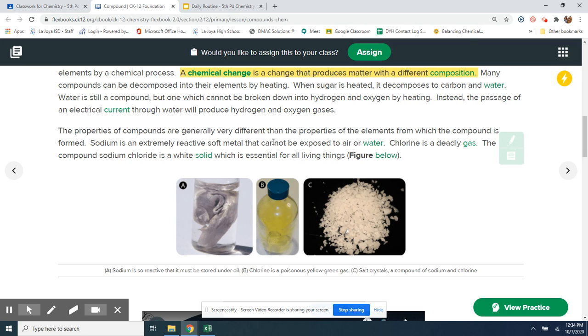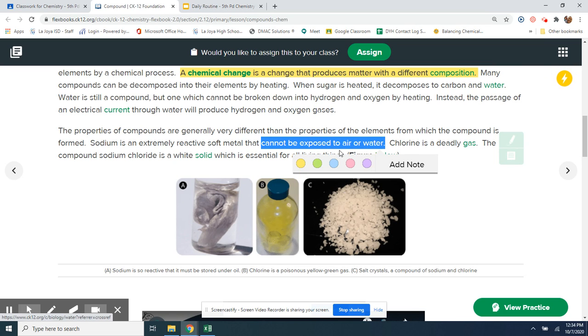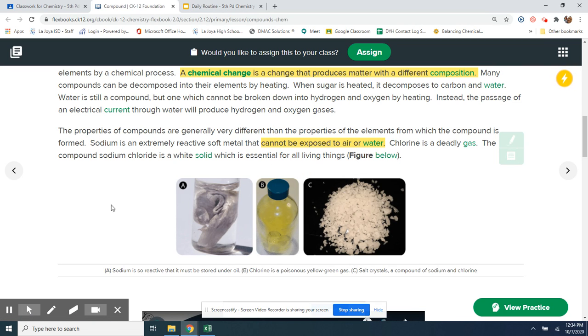But look at a property. It cannot be exposed to air and water. Look, it even tells you sodium is so reactive that it has to be stored in oil in order for you to have it in its elemental form.